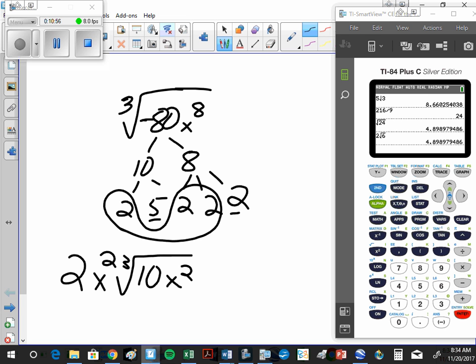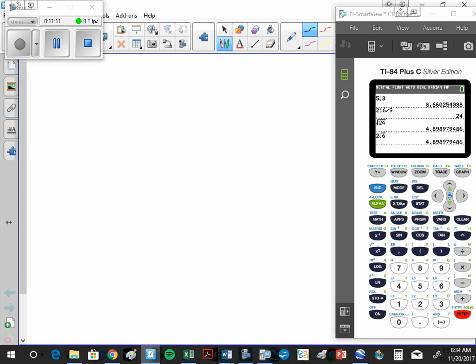Make sure you put the 3 in here. And negative goes where? In front. Like that. Does that make sense? Okay. Let me double check something.